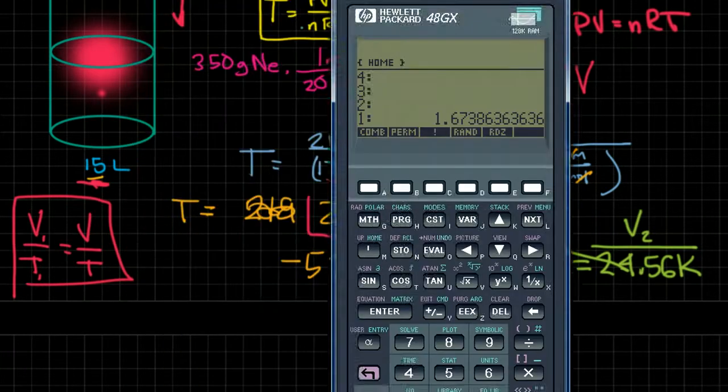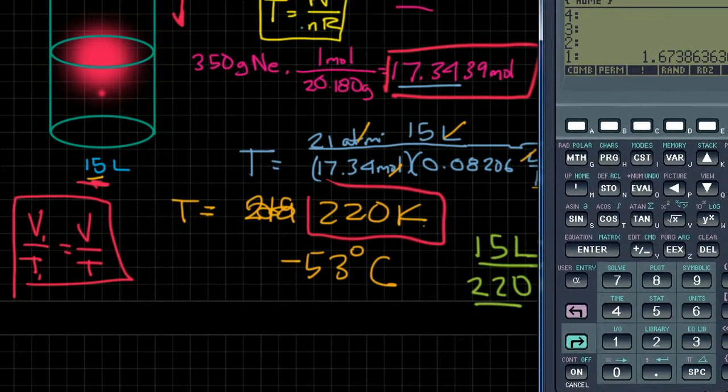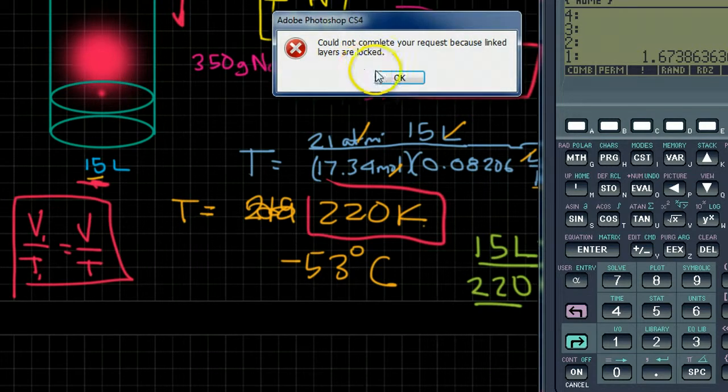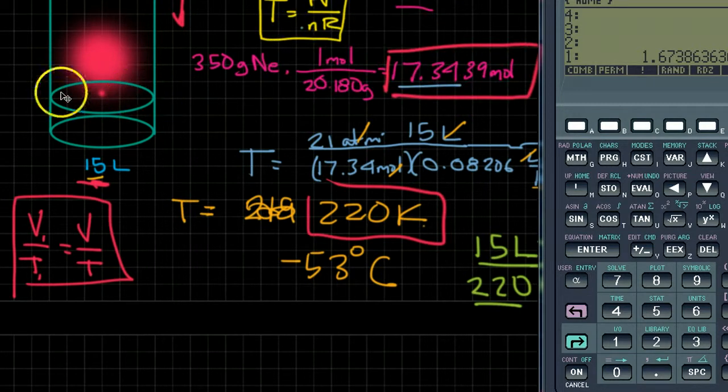Well, it's not as much smaller as I thought it would be, but it looks like this would come down to a volume way down here. Maybe I can move my dot. No, I cannot because it's locked.